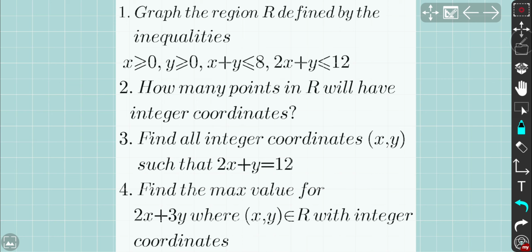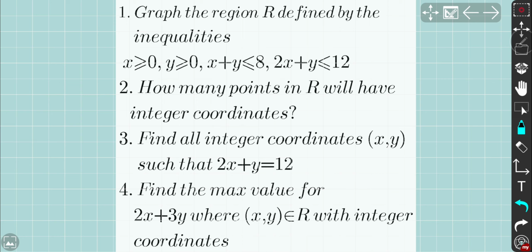Okay, so the second part asks how many points in that region that you set up before, from the first problem, have integer coordinates. So you need to count the points within R with integer coordinates. That's the primary focus of this video.